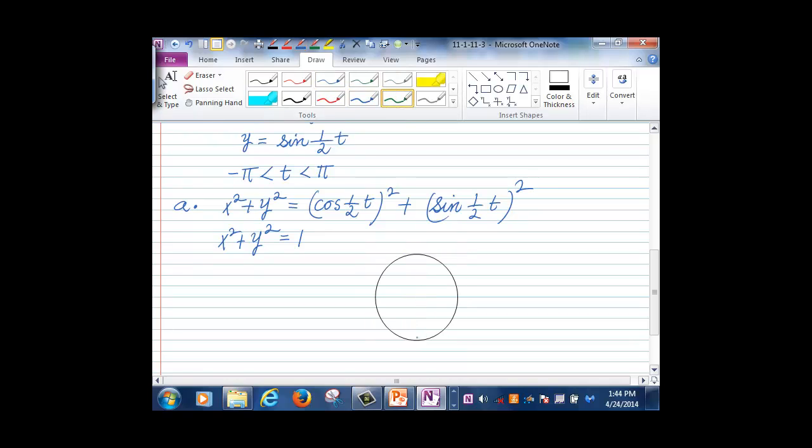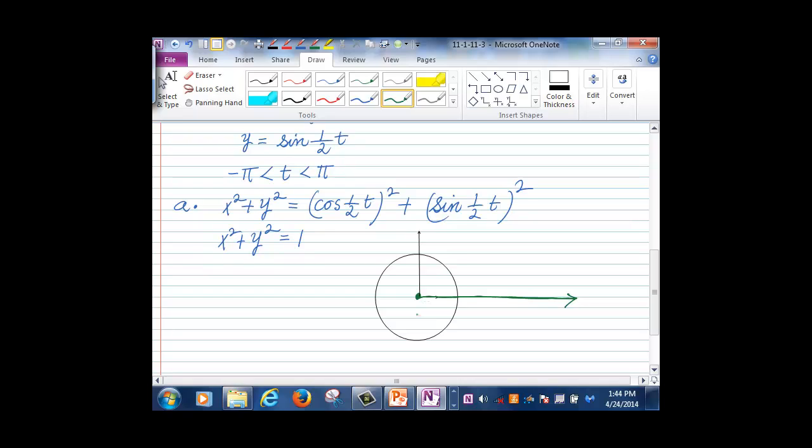Let's say the center is right here. Okay, so this is the circle centered at the origin with radius 1, right?